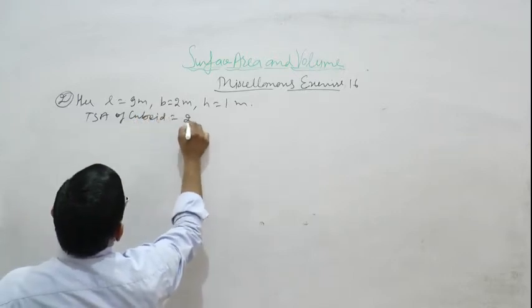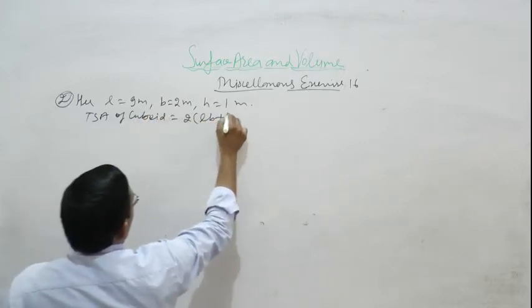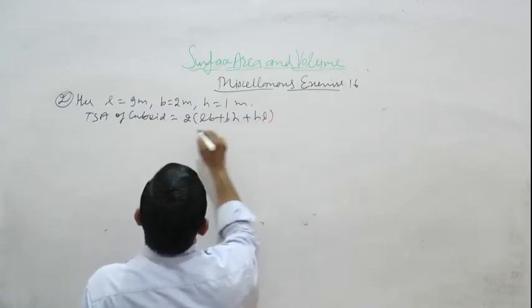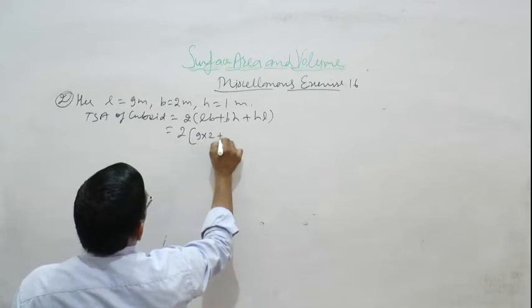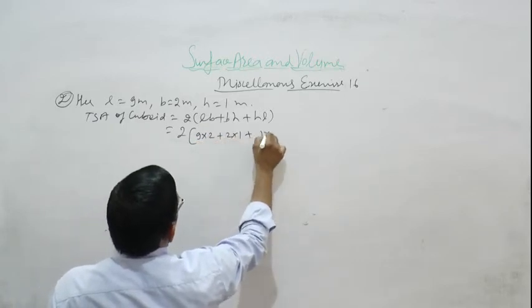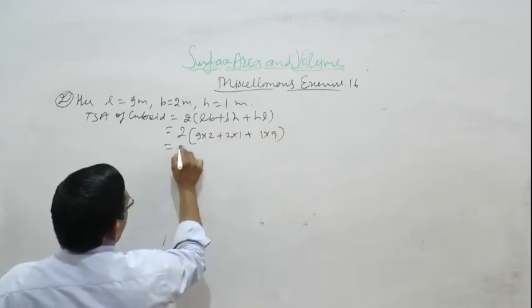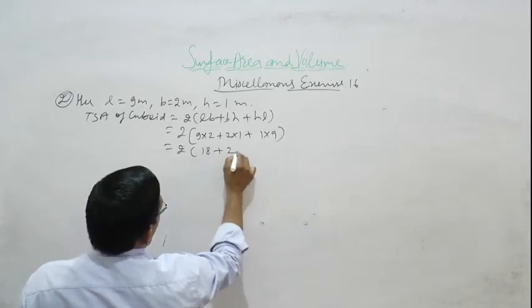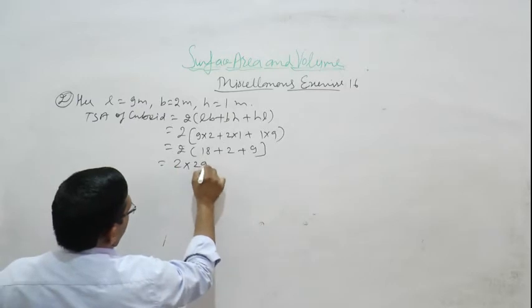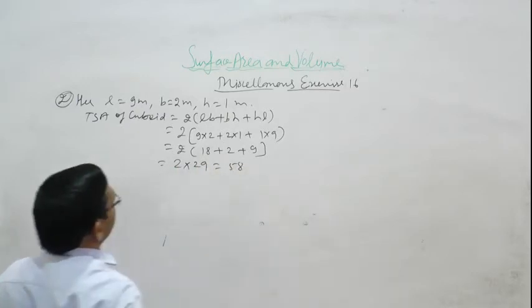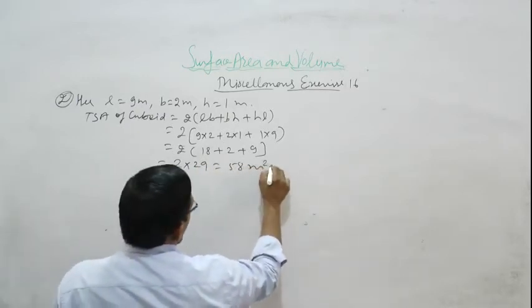TSA of cuboid is 2 times (LB plus BH plus HL), equal to 2 into (9 multiplied by 2 plus 2 multiplied by 1 plus 1 multiplied by 9). That is 2 into (18 plus 2 plus 9), which is 2 into 29, equal to 58 meter square.